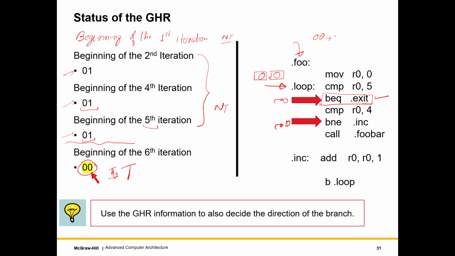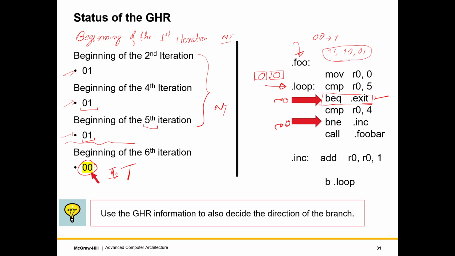So we'll predict taken and we will make a mistake here. But as I said, there are 4 states, so the odds are more likely that we would have 1, 0, 1, 1, 1, 0 or 0, 1 as the starting state of the GHR. So in this case, the saturating counter will automatically be trained to predict not taken.